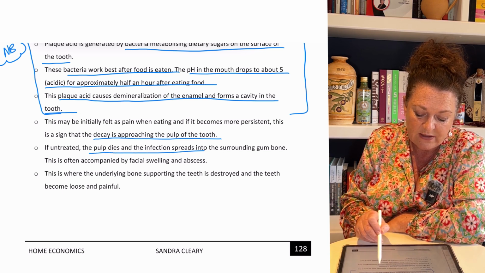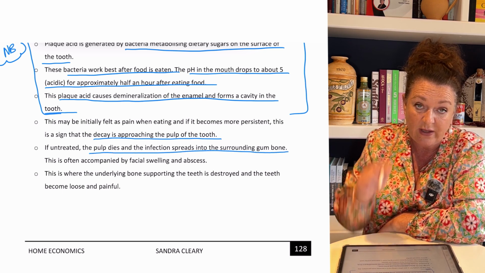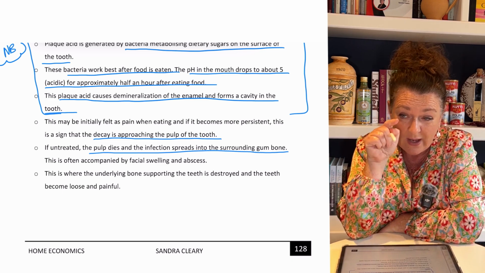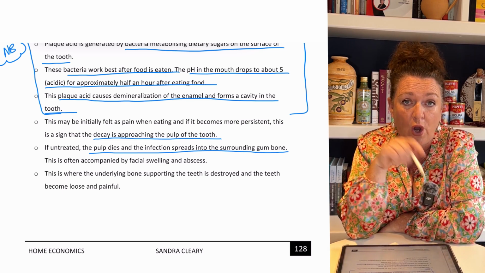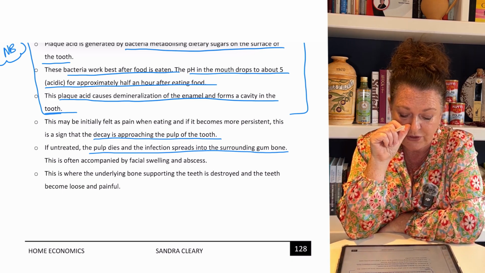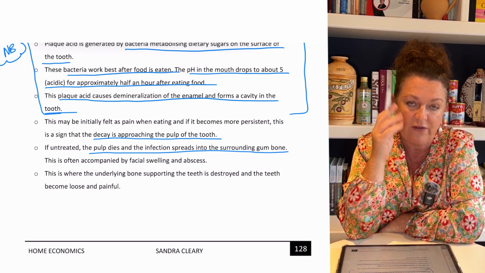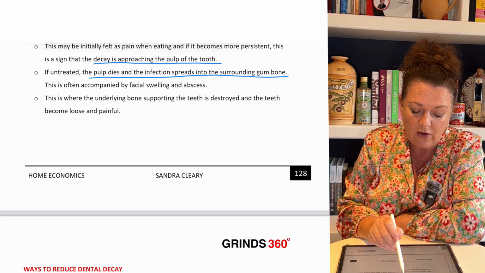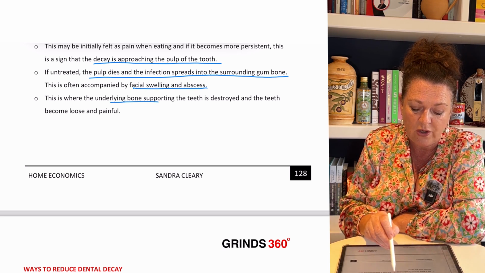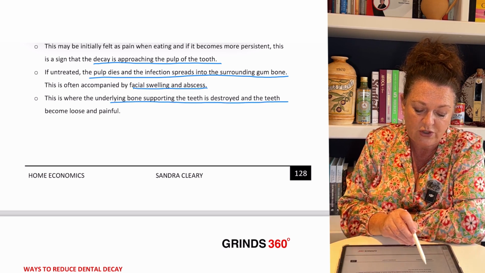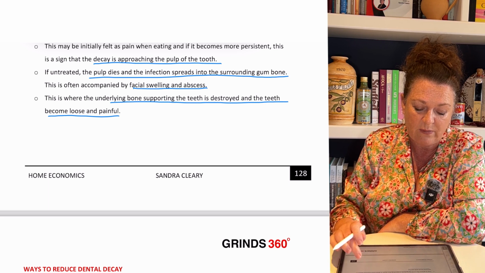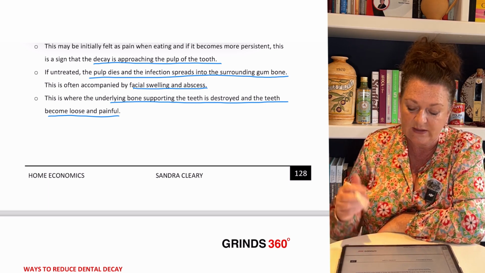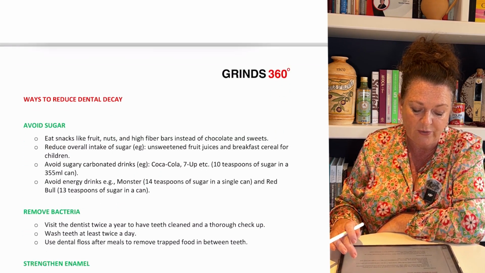If the pulp dies, there's an infection from the bacteria. If the perforation is in the enamel, the bacteria now have a burrow or a way into the centre of the tooth, and that's what causes the infection or the abscess. So you can have swelling in the face or abscess, and the underlying bone supporting the tooth is eventually destroyed, and teeth become loose and painful if this is allowed to continue.